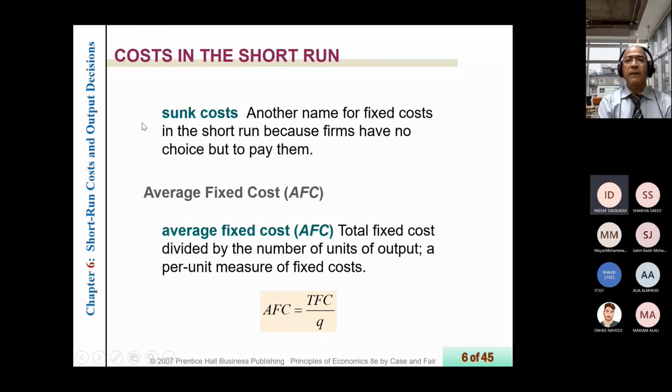Sunk cost is another name for fixed costs in the short run because firms have no choice but to pay them. So we call it fixed cost, overhead, sunk costs, because we have to pay 1,000 dirhams monthly rent regardless of the output.